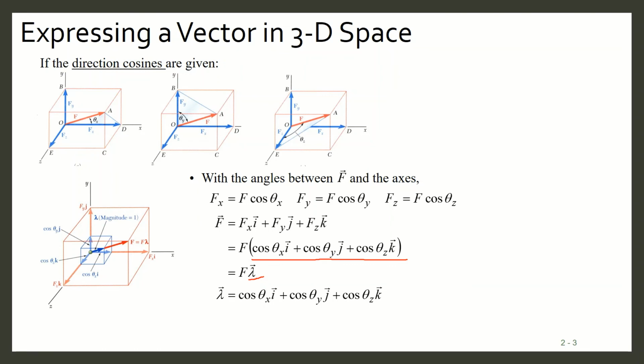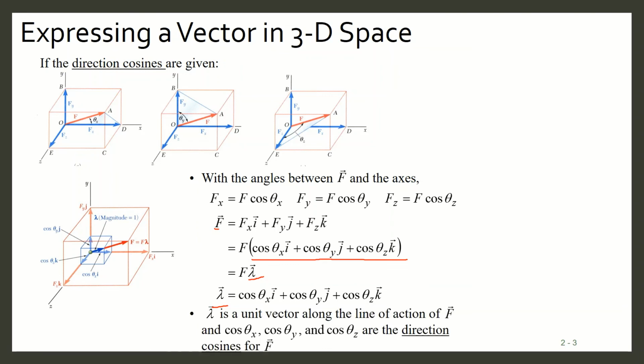So if you know the angles from all three axes, you can simply calculate lambda, and you can write F as F into lambda. Okay, so this is how you can express it if we know direction cosines. And this lambda is a unit vector along the line of action of F. Lambda is also a unit vector like i, j, and k, because i, j, and k each have unit magnitude.